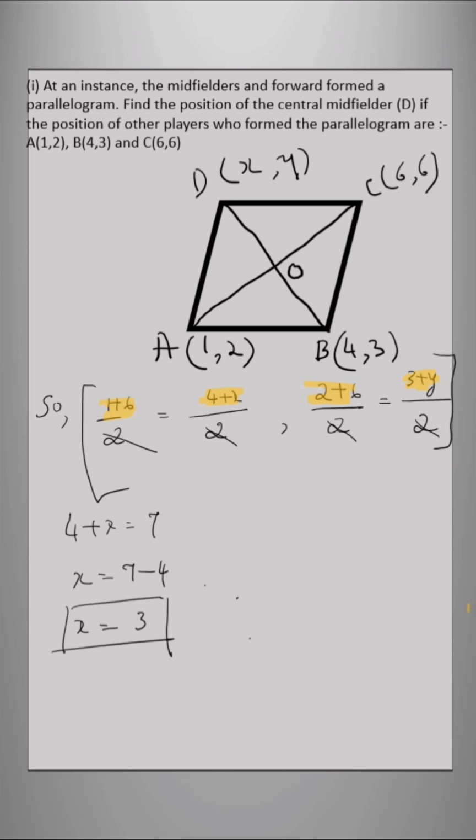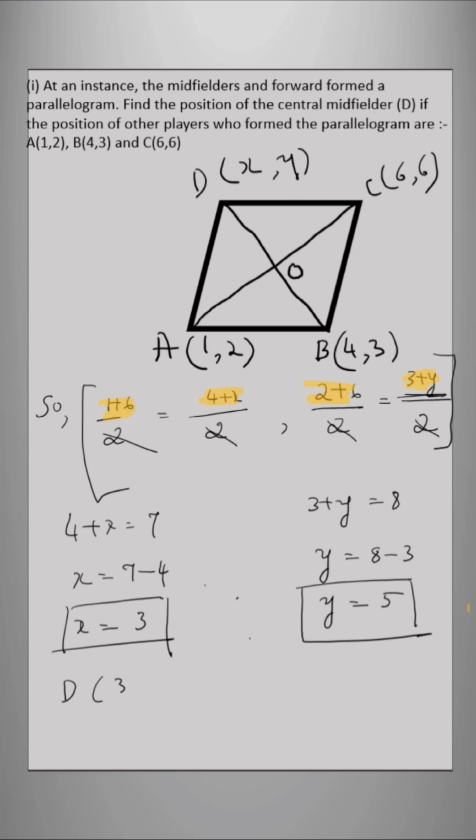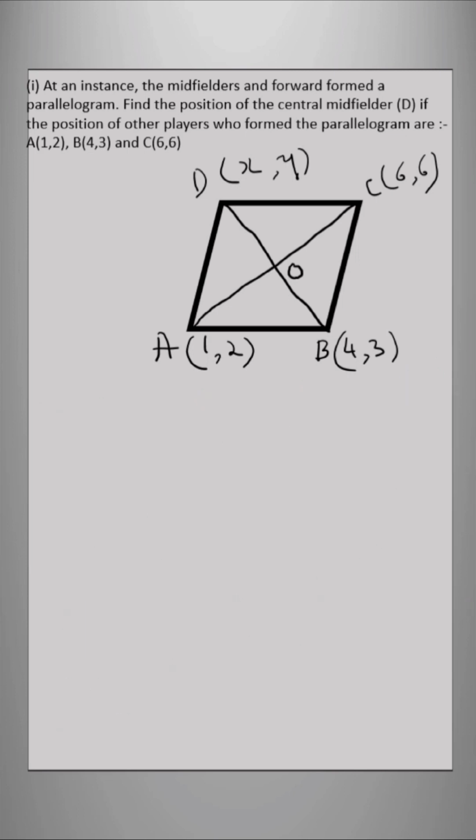Here 3 plus y is equal to 8. y is equal to 8 minus 3. So y is equal to 5. So coordinates of D are (3, 5). So the position of the central midfielder D, this one, is (3, 5).